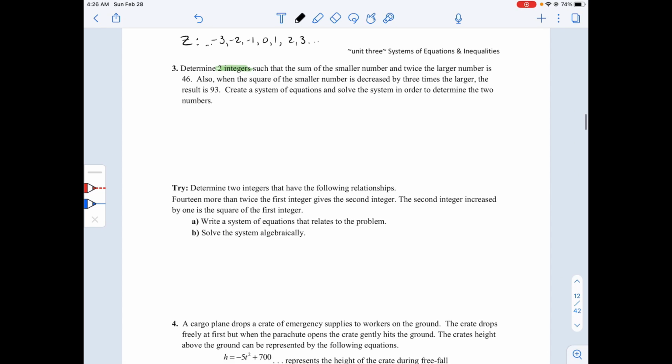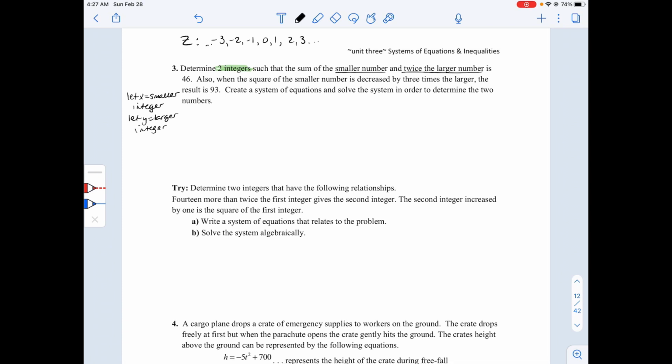So let's first of all define our 2 integers. It says determine 2 integers, the sum of the smaller and twice the larger. So I'm going to say let x equal the smaller integer and let y equal the larger integer. I do want to define those variables right away.